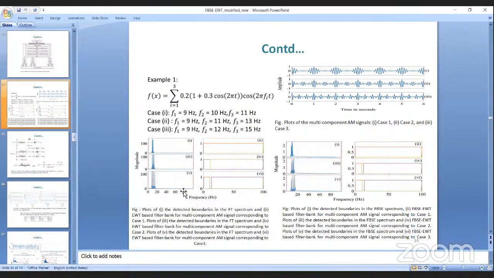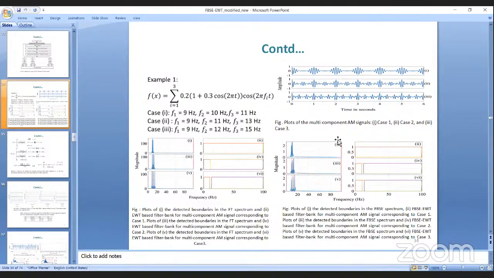When you go for boundary detection in the Fourier domain, you can see case 1, case 2, case 3, and here you can see the spectrum. In case 3, you are able to separate the components and design the filter banks. In the first two cases, you are not able to do that with the conventional Fourier transform.